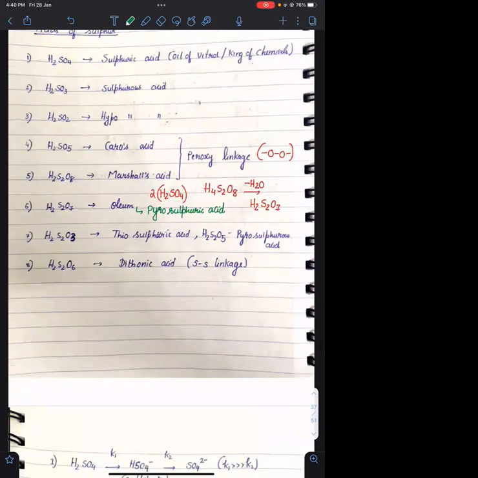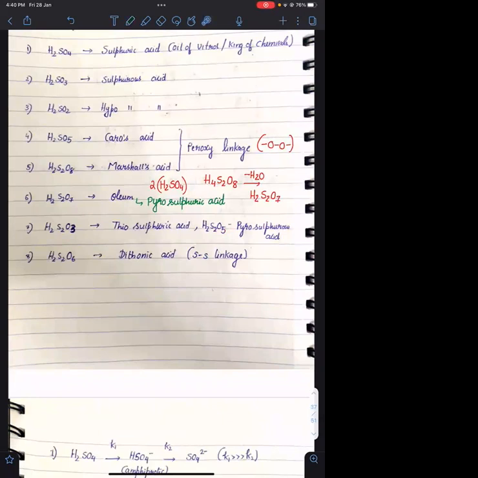Okay, next. H2S2O3, it is called thiosulfuric acid, and Na2S2O3 is called sodium thiosulfate, hence it is called thiosulfuric acid. H2S2O5, it is called pyrosulfurous acid. Pyro matlab heat. Sulfurous acid is H2SO3. 2 से मल्टीप्लाई किया तो आपको क्या मिलेगा?